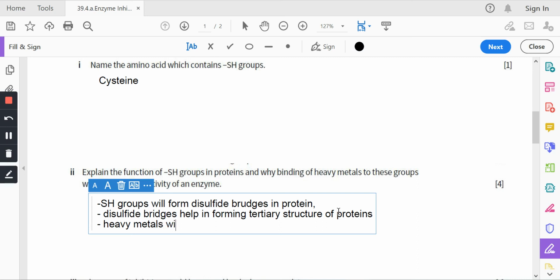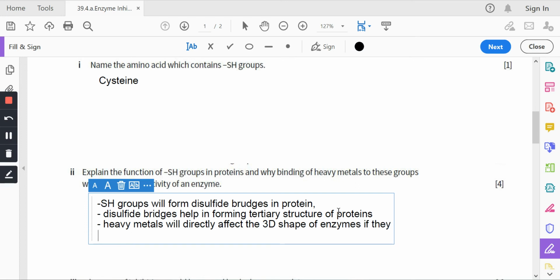Heavy metals will directly affect the 3D shape of enzymes if they permanently bind with these SH groups.